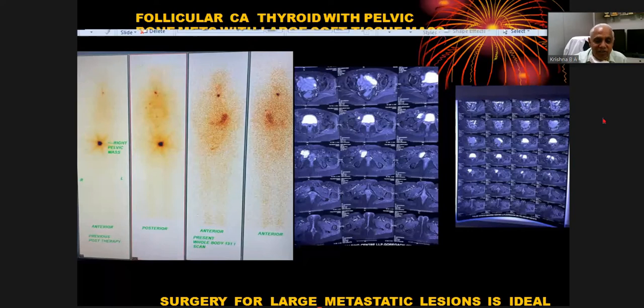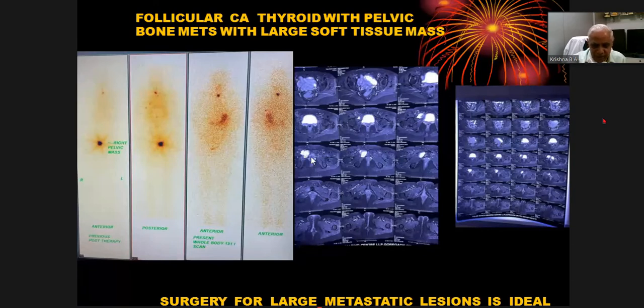So I asked this patient, you can see this mass here, a very large soft tissue mass on the MRI in the right pelvic region. So this patient underwent complete excision of the soft tissue mass, and following that, he has now come to us for whole body radioiodine scan, which was done last week.